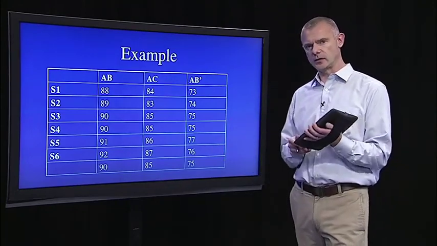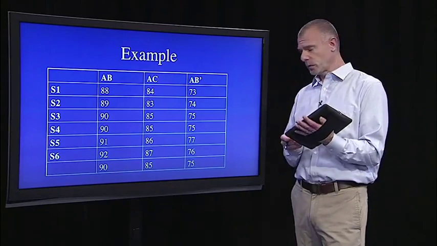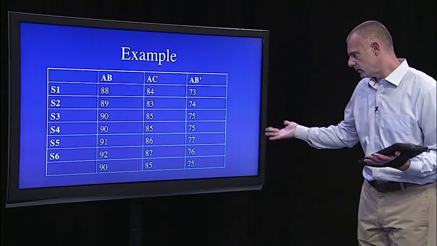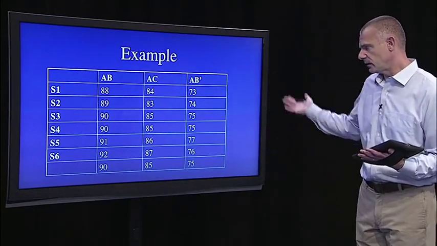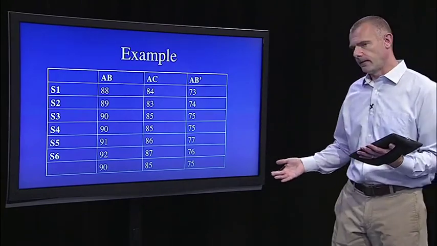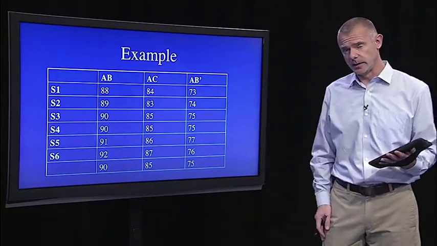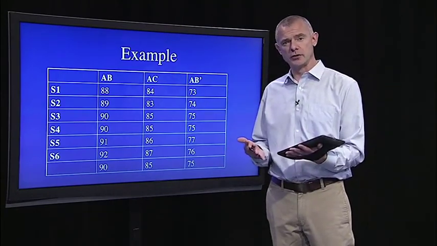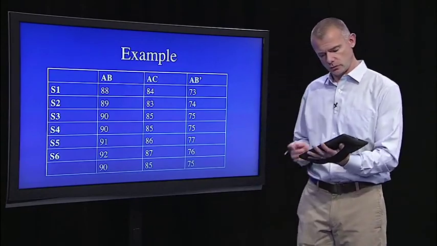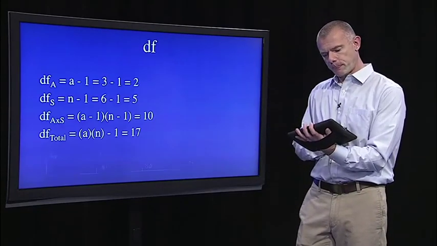That's a classic retroactive interference effect. The question is, is 75 significantly different from 90, and is it significantly different from 85? We need to do a repeated measures ANOVA to know that.